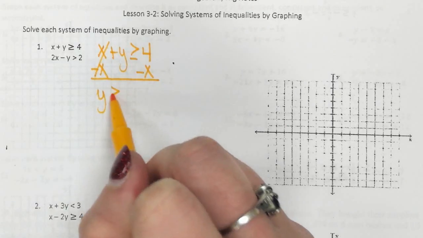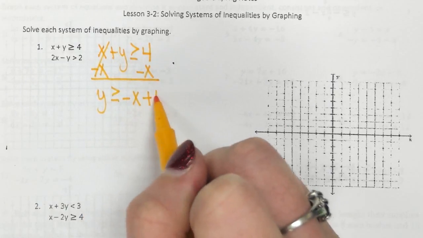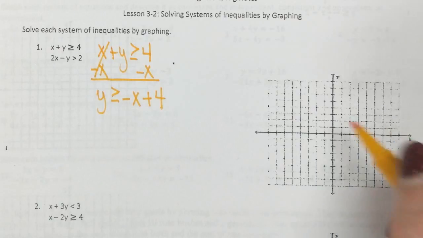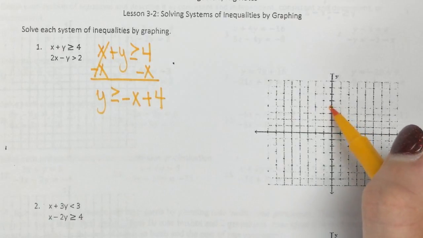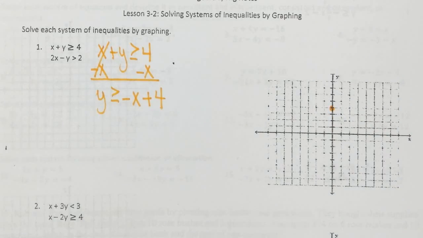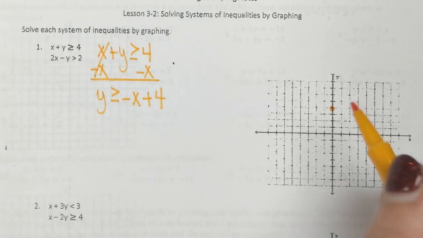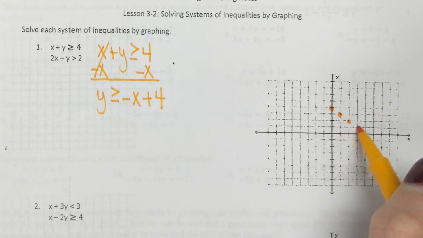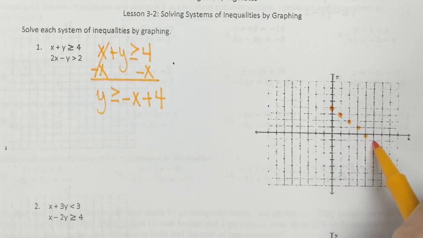And we get y is greater than or equal to negative x plus 4. And then we're going to go up 4 for our y-intercept. Page 19 in your notes. And then we're going to go down 1 and right 1. All the way across.